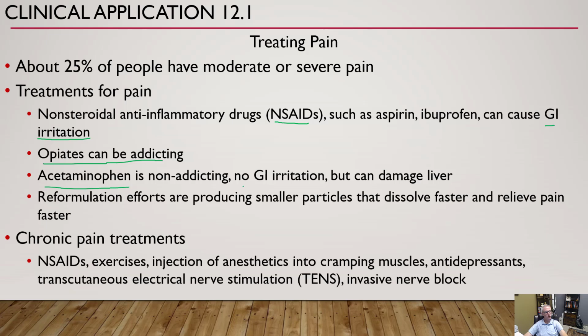Acetaminophen, that's Tylenol, does not really cause any gastrointestinal irritation, but because Tylenol or acetaminophen is processed by the liver, it can damage the liver if you take too much Tylenol, or if you take Tylenol chronically.